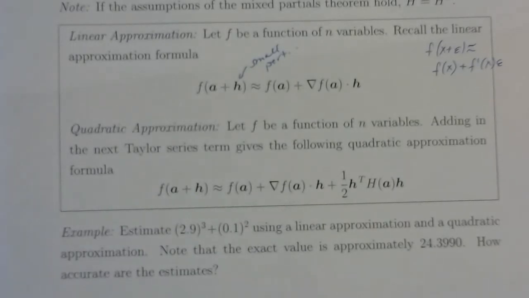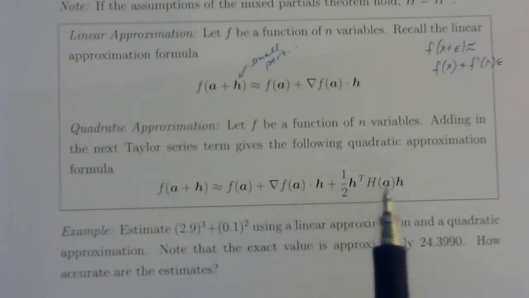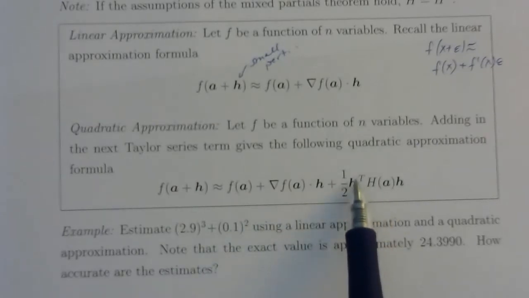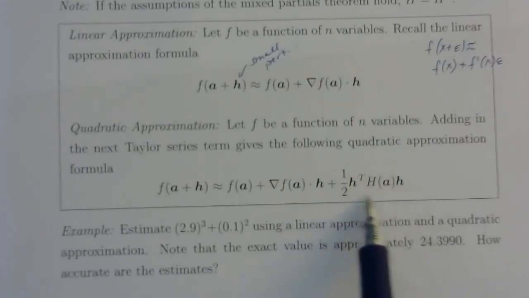Because it's a scalar valued function of multiple variables. F is a scalar valued function, but it has a bunch of inputs. And so this is a scalar, this is a scalar, the gradient dotted with a vector, the dot product, is always a scalar, and this is 1 by n times n by n times n by 1. So a scalar here as well.